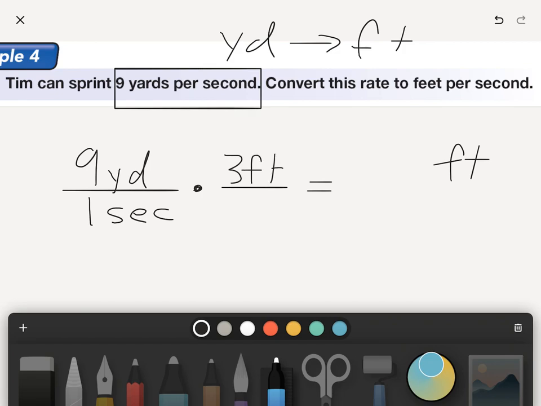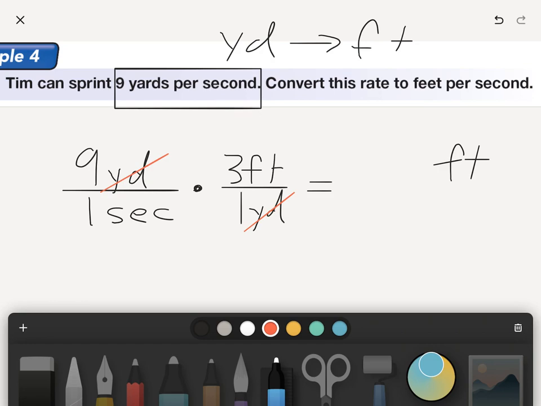So, in this case, we're saying 3 feet per 1 yard. Okay, so this is my rate, 9 yards for 1 second. And my unit conversion, so that I can convert my yards to my feet, will be 3 feet to 1 yard, so that I've got my cross-canceling goodness going on there. So I can eliminate those.